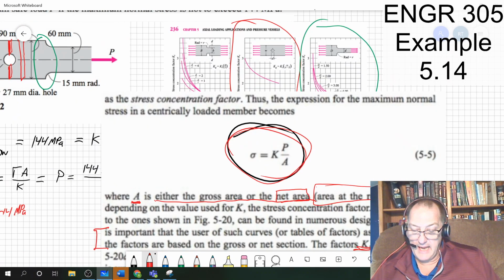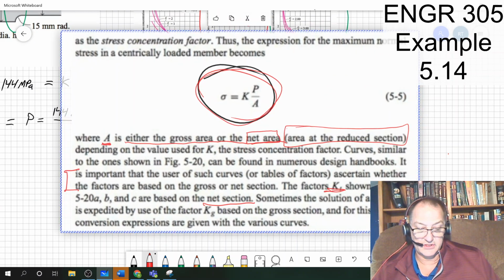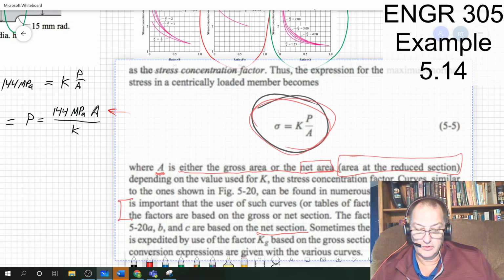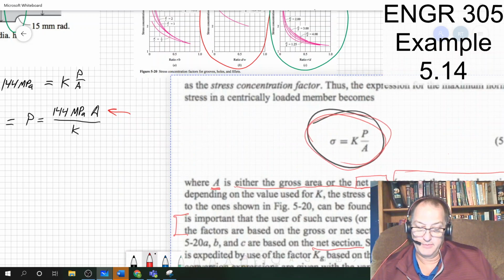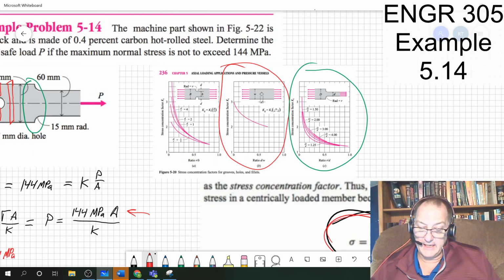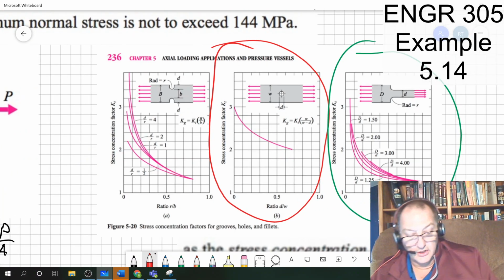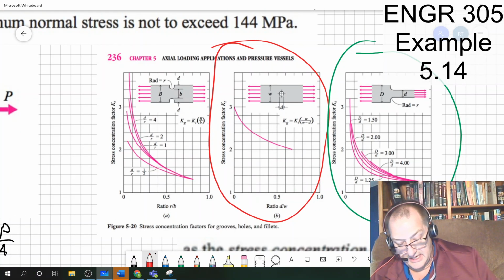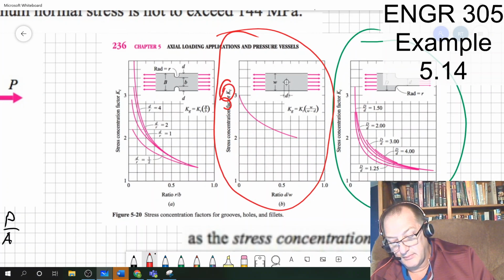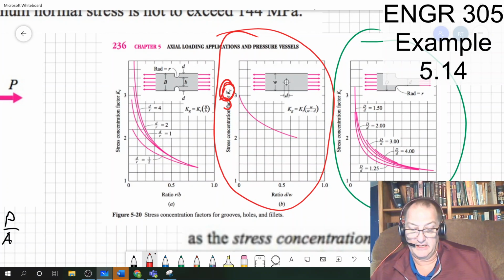So if we go back up here, let me shrink this, or I'll just push it out of the way and spin it a little bit. If we go back up here to these figures, you'll see that these are all calling this out in terms of KT. Oh, KT right there.